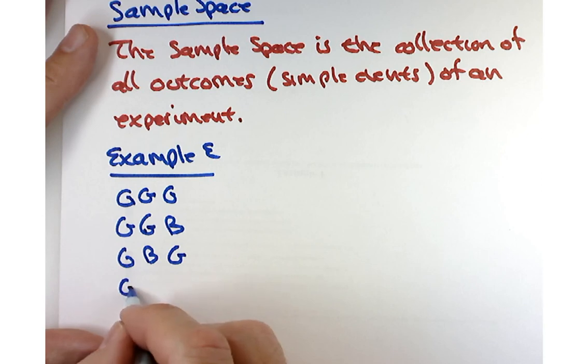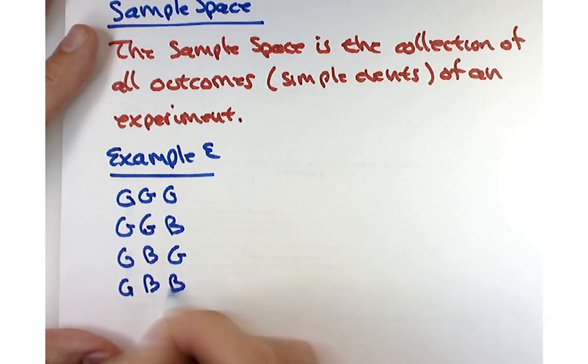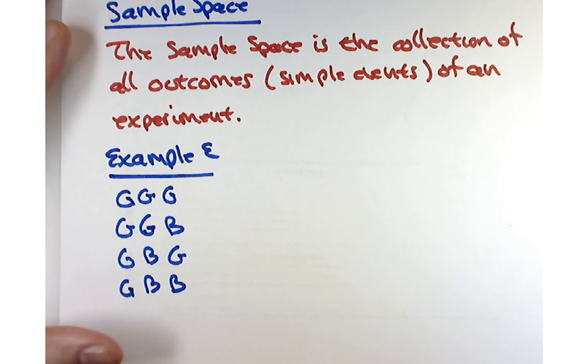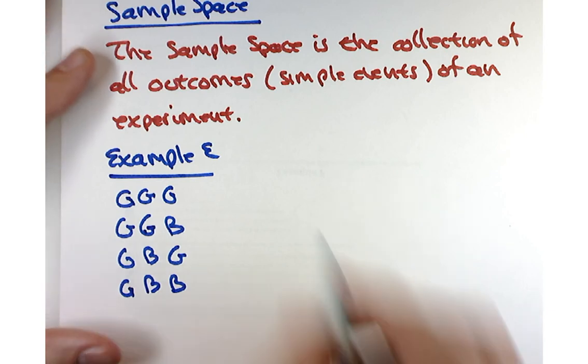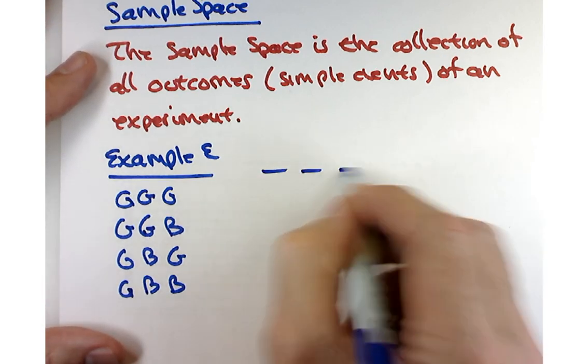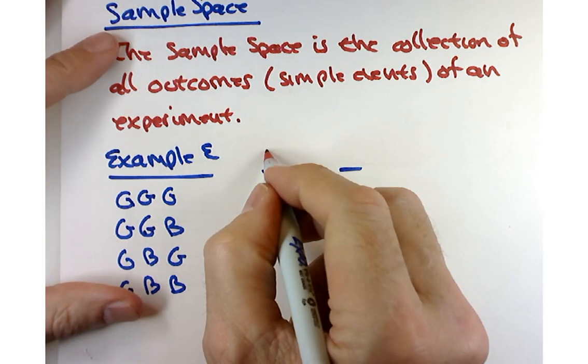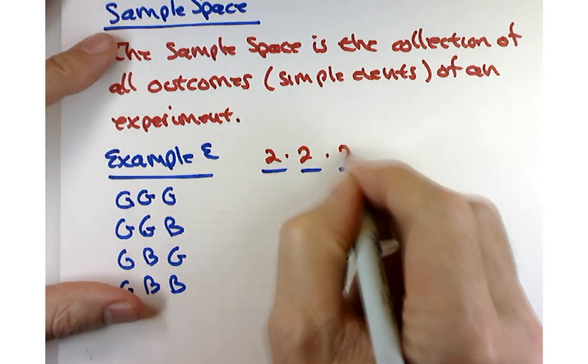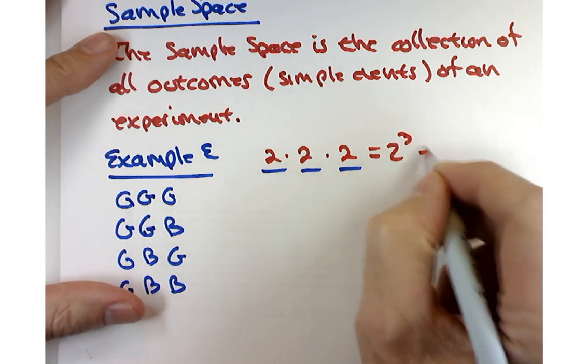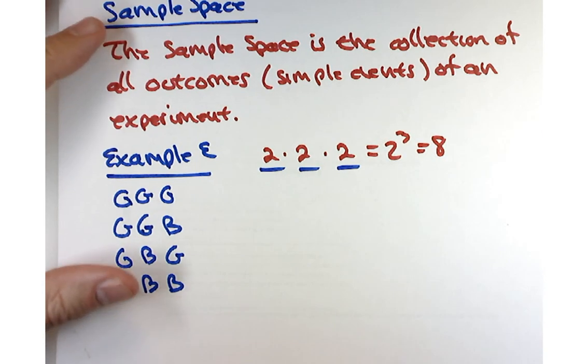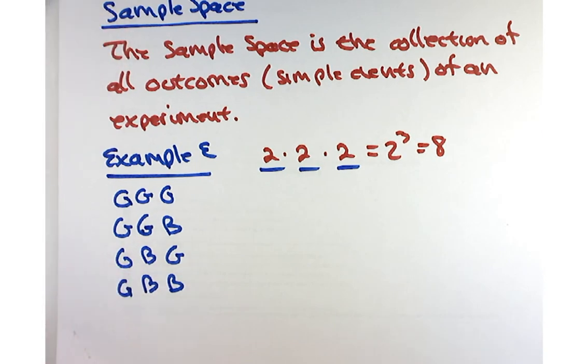And girl, boy, boy. So that's 4 things that can happen. But because each birth has 2 possibilities, I expect really 2 cubed or 8 possibilities in my sample space. So let me go through and find some more.